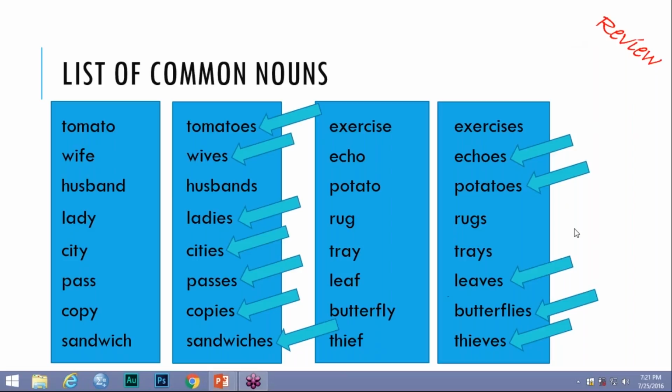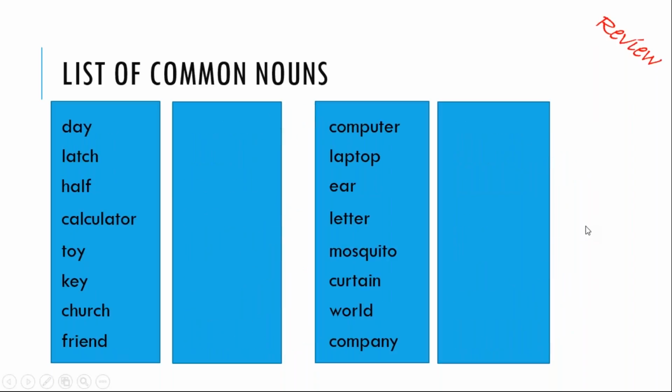Day, latch, half, calculator, toy, key, church, friend, computer, laptop, ear, letter, mosquito, curtain, world, and company. Okay? So I think I'll just give you the answers right away because we've already practiced a lot of these.